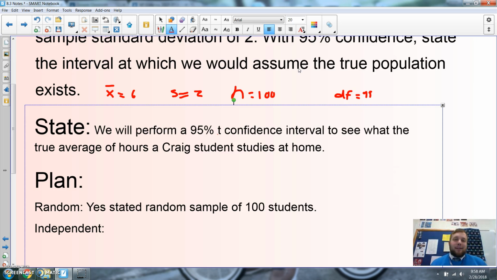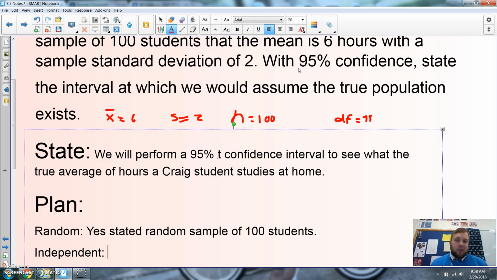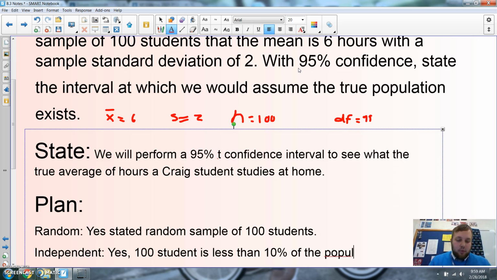Is it independent? 100 students. You know what? I'm going to say start off with yes. Yes, 100 students is less than 10% of the population at Craig. Okay? Because we have 1,700 roughly.